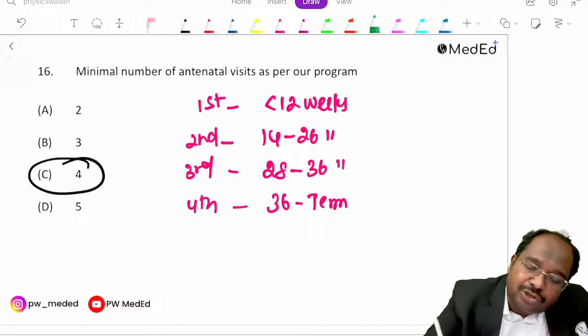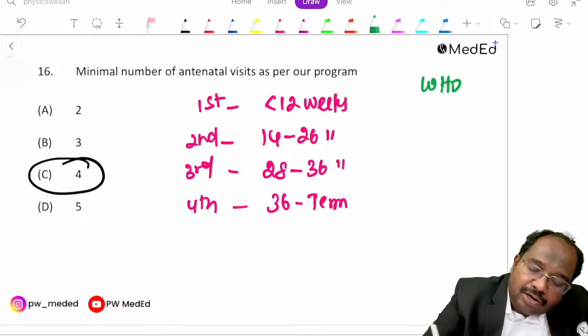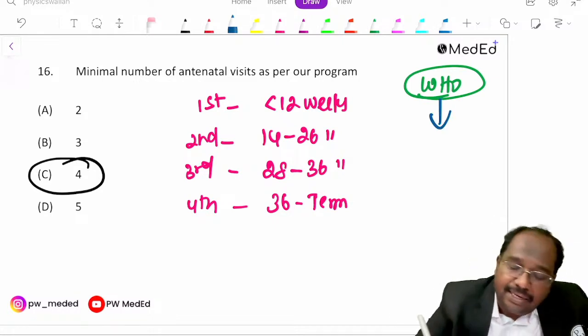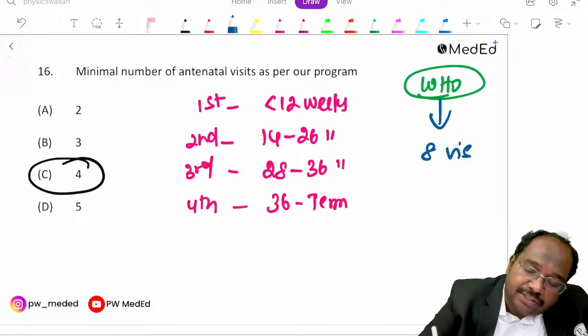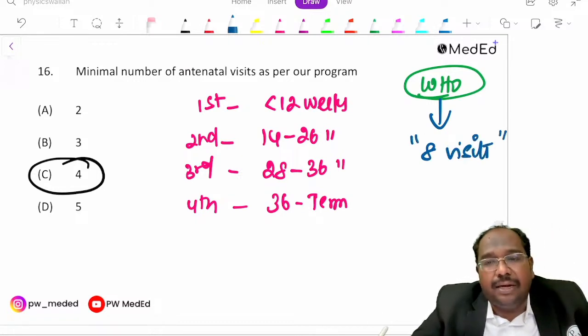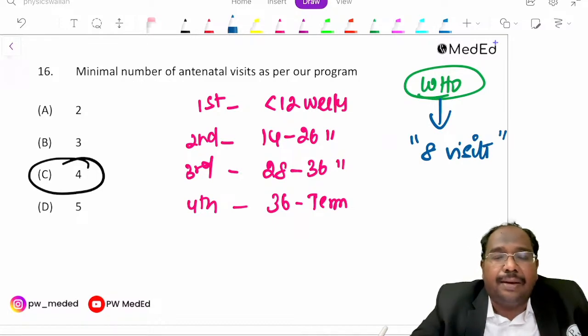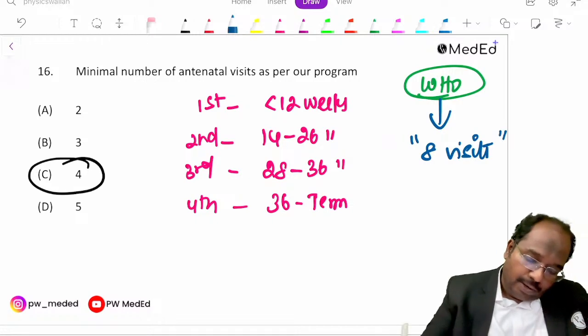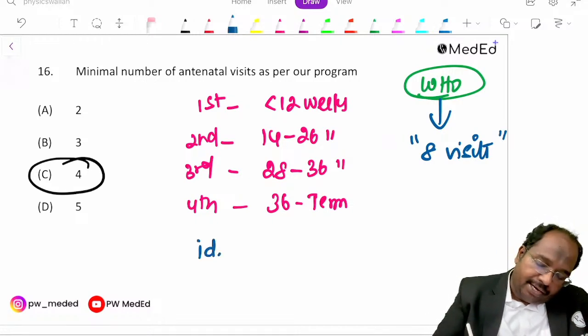How much does WHO prescribe? If the question very specifically says WHO, then it is 8 visits, guys. Ours is 4, since we are a limited resource country, so we are keeping the minimum number of visits at 4. So what is the purpose? Purpose is to identify high risk cases.